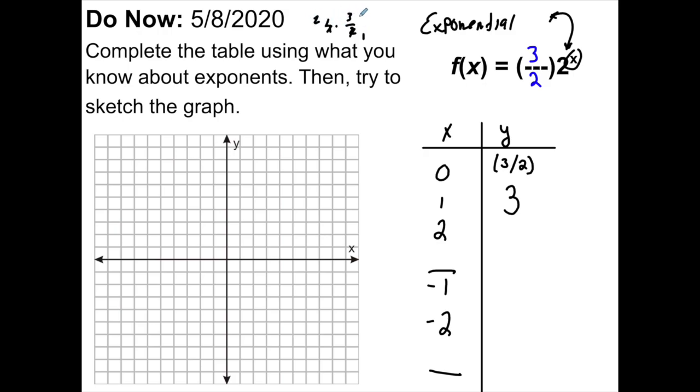So I'll get 2 times 3, which is 6. So you can see it's multiplying by 2. 3 halves times 2 is 3. 3 times 2 is 6, right? Because this is like an explicit rule for a geometric sequence. If I do 3, I'm going to multiply by 2 again, 12.